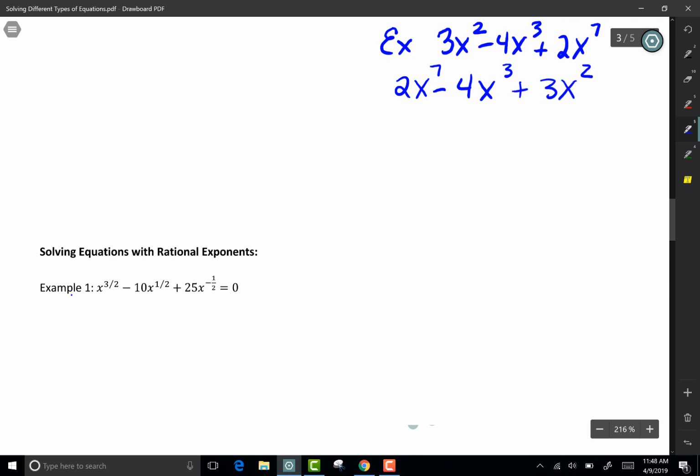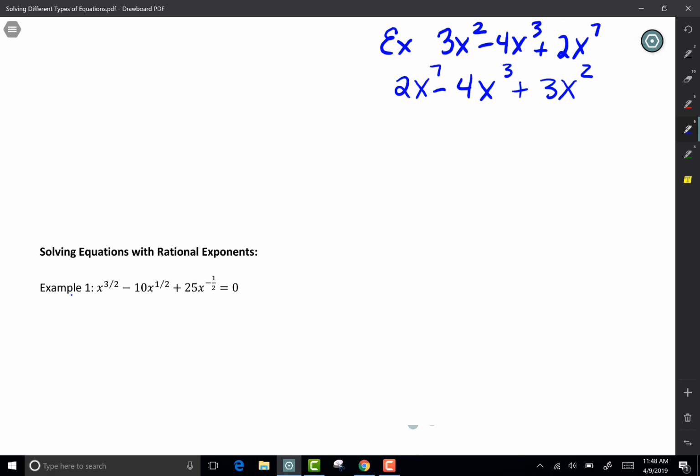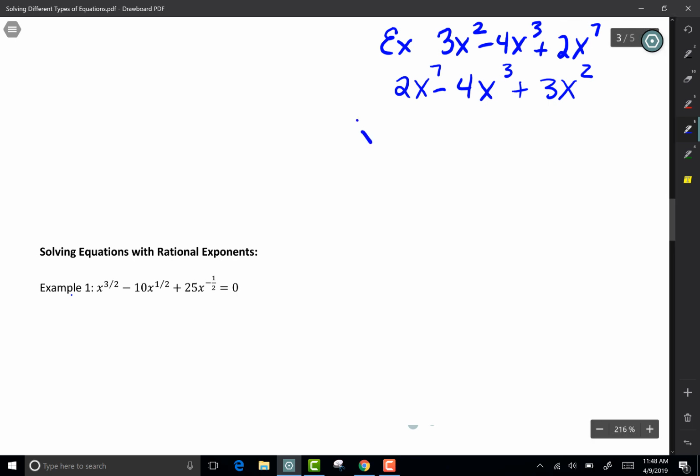Once we do that, we look to see what they all have in common. A lot of times when we're looking at the variable, it's whatever the lowest power would be. So if we look, the lowest power is x squared, and they all have an x squared in common. So I'm going to pull out the x squared.